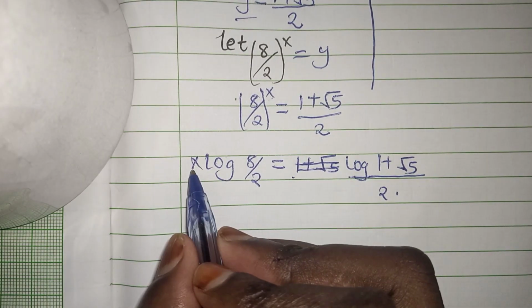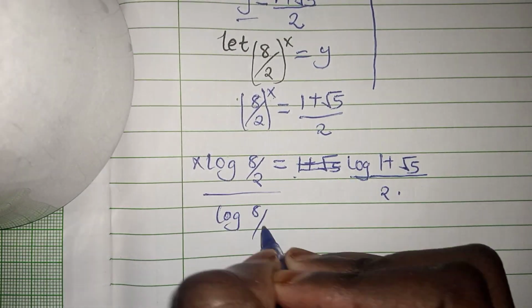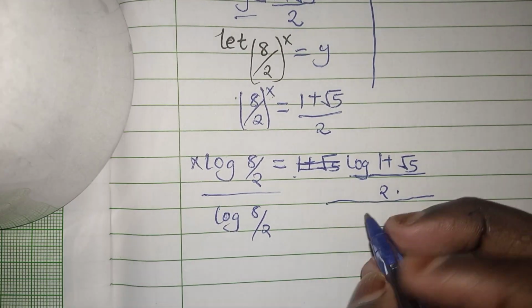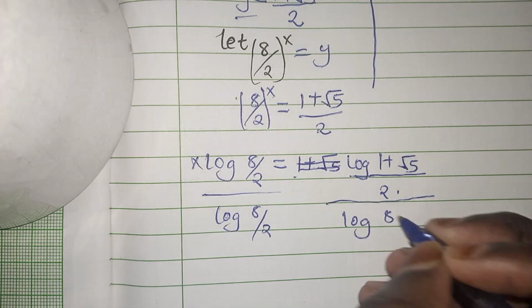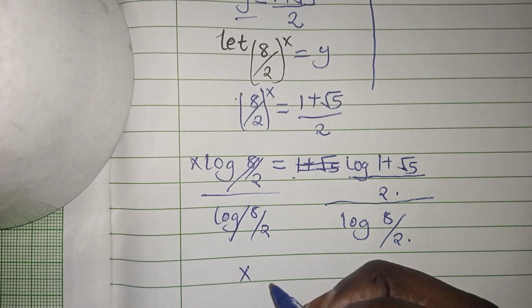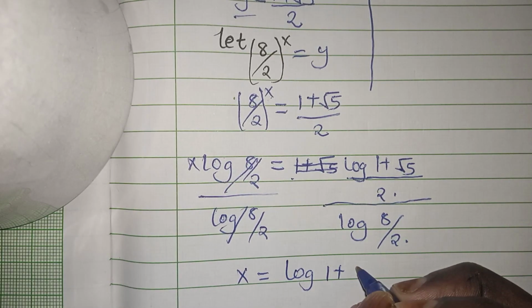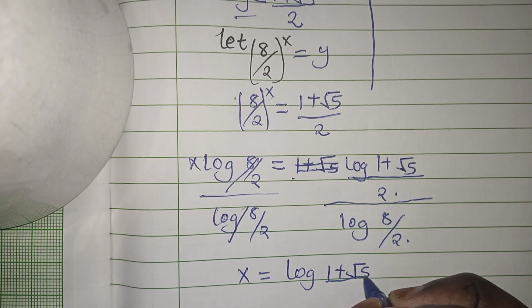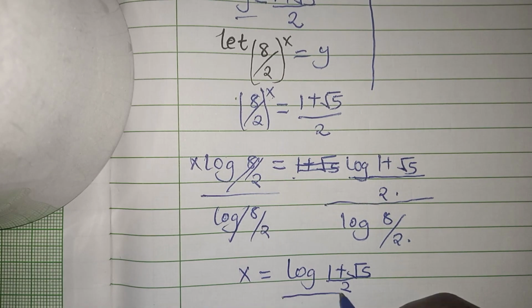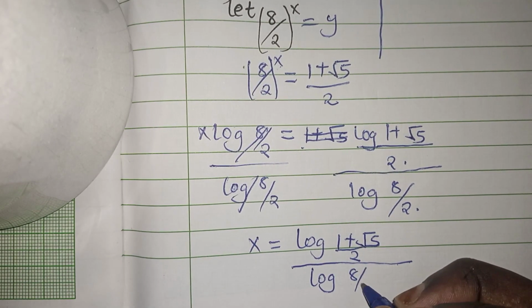I want us to remain with x, so I will divide here by log 8 over 2, and I'll also divide this side by log 8 over 2. So this and this will cancel, and my x is equals to log of 1 plus the square root of 5 divided by 2, over log 8 over 2.